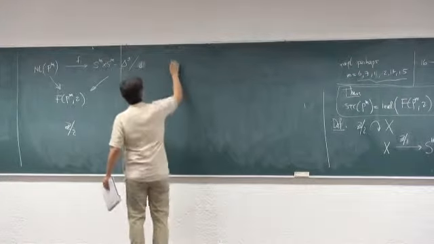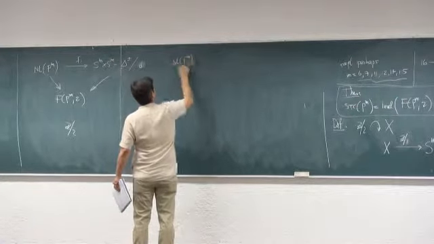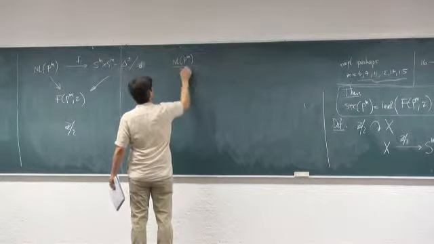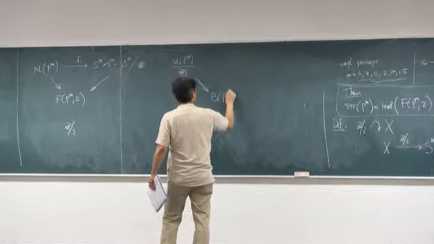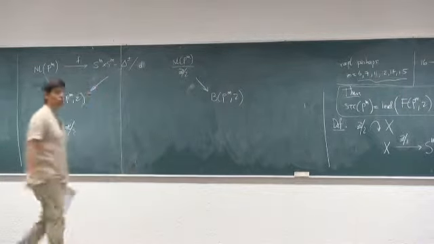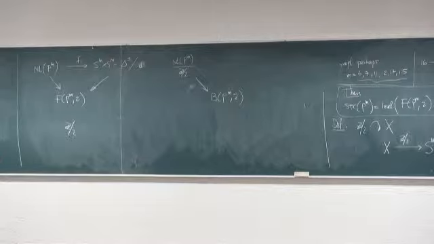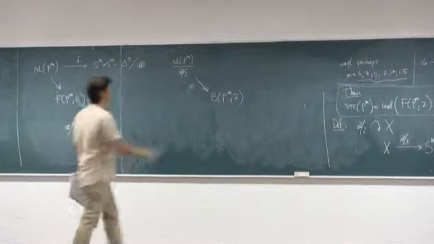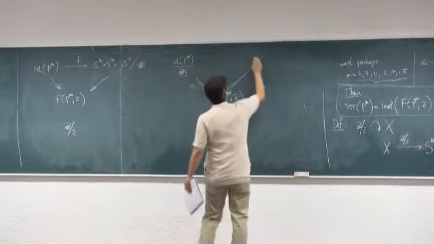So now you have non-loops on PM, orbit space, whatever that is. And this is the braid space, two points, sets of cardinality 2 in PM. And then here you have something similar. You have SM.